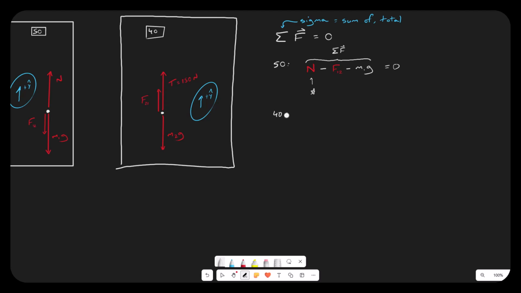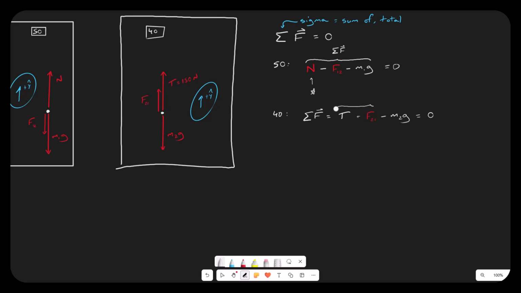On to the 40 kilogram block. Maybe I can find another equation there. Total forces. My upward force, I have tension, and I know that one's 150 newtons. I have plus F12. I don't know what F12 is, or F21, they're the same as each other. Minus M2G equals 0.